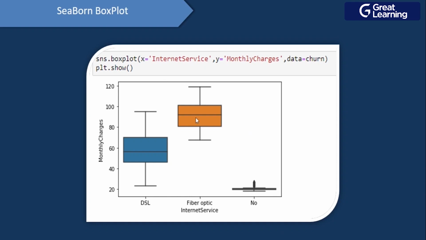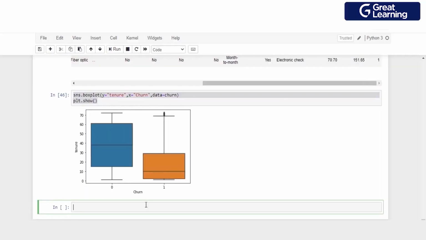And it is very clear that those people whose internet service is fiber optic, they would have the maximum monthly charges. Similarly, those people who do not have internet service, their monthly charges is minimum. So when you compare this box to these two boxes, it is very evident that people who don't have internet service, their monthly charges are very, very low.